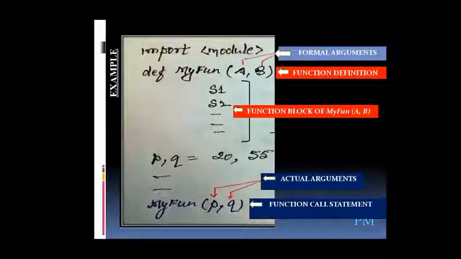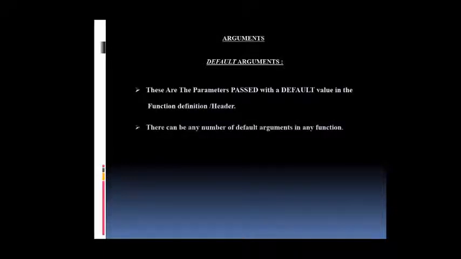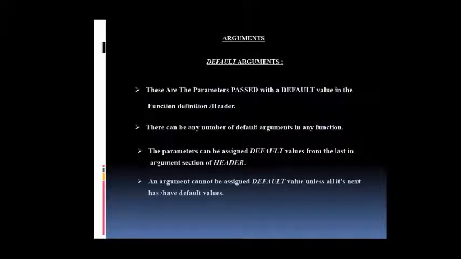Other than this, there is one very special category which is common to actual arguments and formal arguments. This is the default argument. A default argument is one which has been assigned an initial value in the function header.